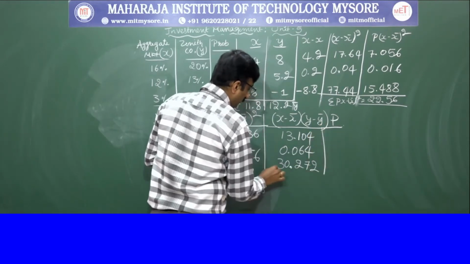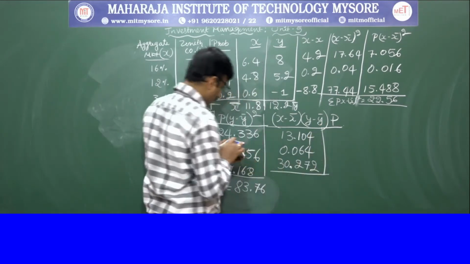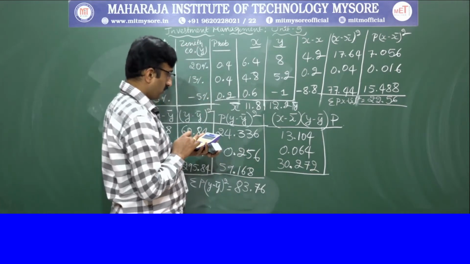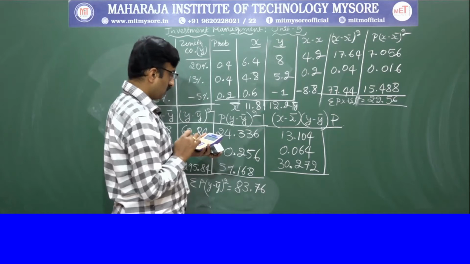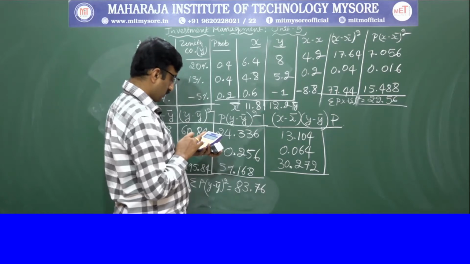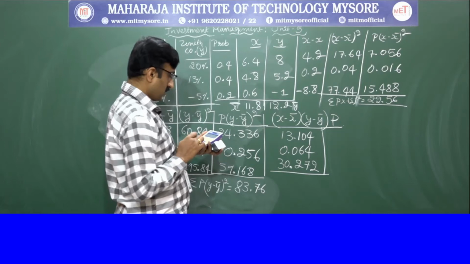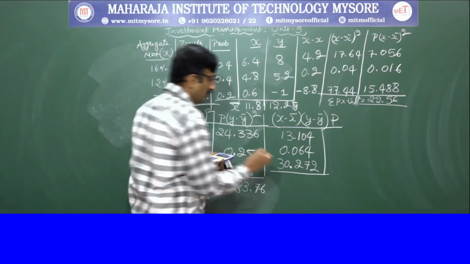Okay. Then total of this you have to do: 0.064 plus 13.104. We will get 43.44.